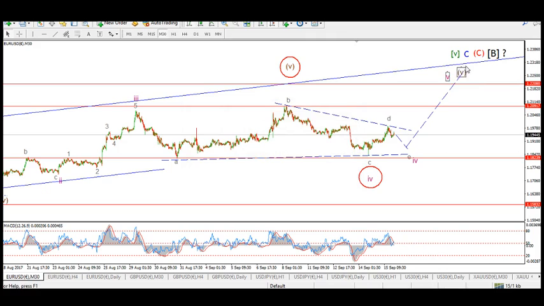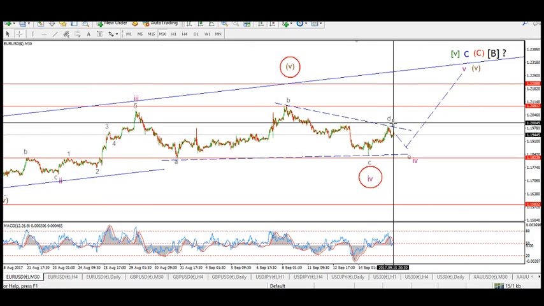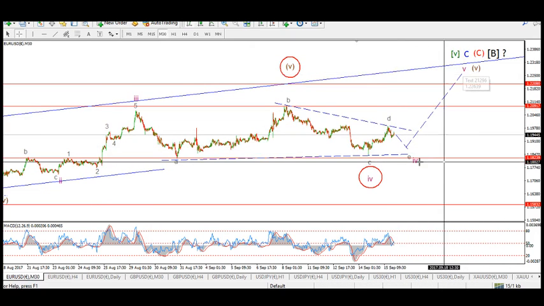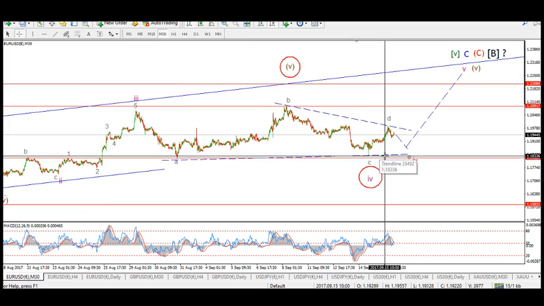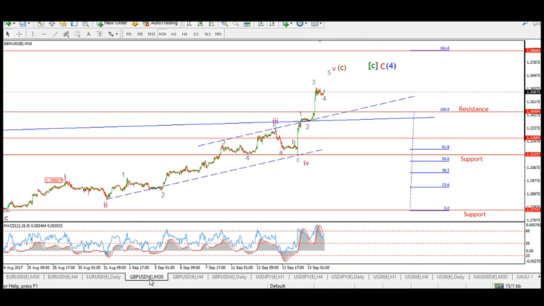So we have wave 4. The other possibility is that wave 4 pink is complete at this 118.37 low, and we've already started the rally in wave 5 pink. So 118.37 is the immediate critical level to watch over Monday and Tuesday.